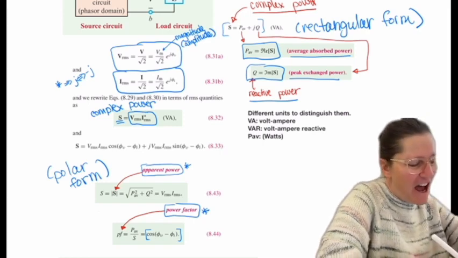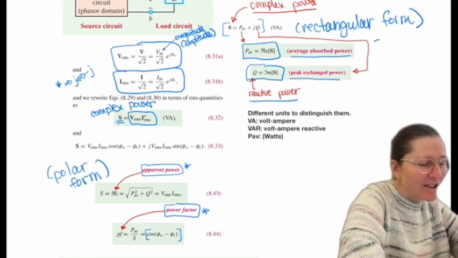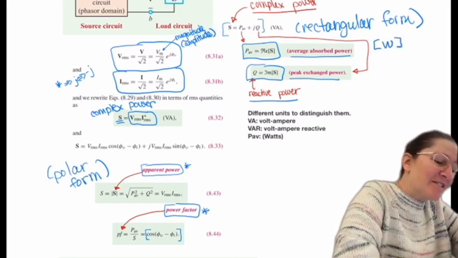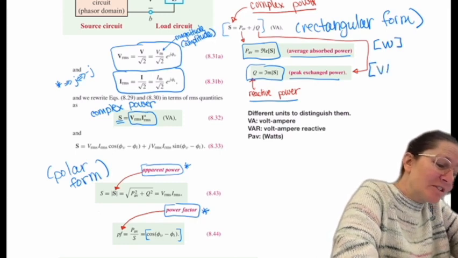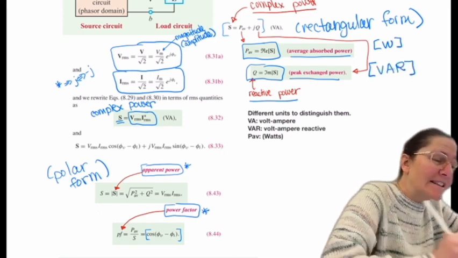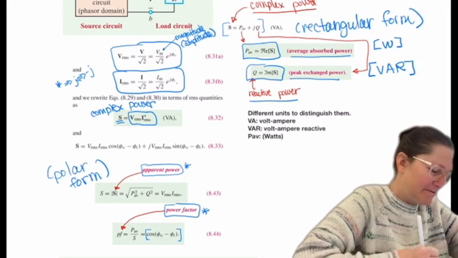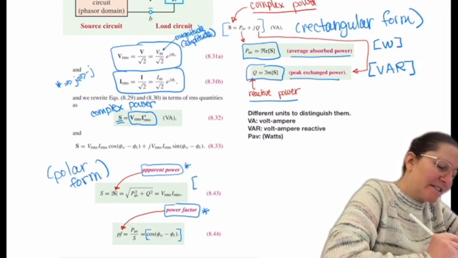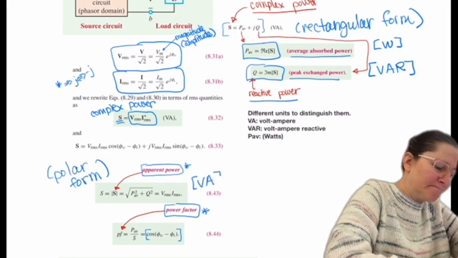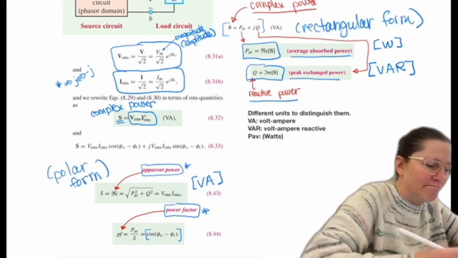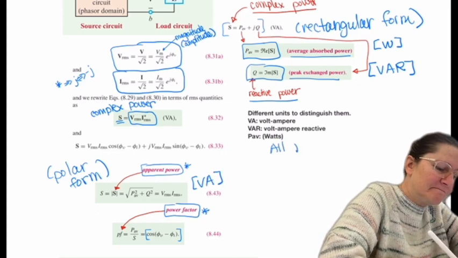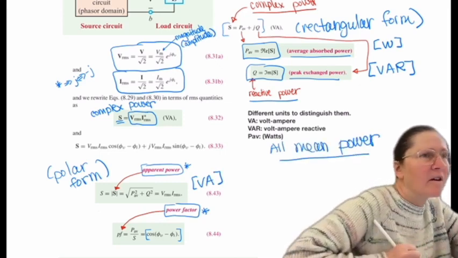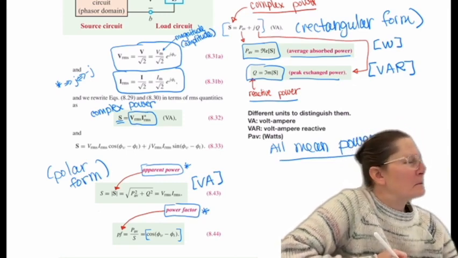Average power, because it's real, is in watts. Reactive power is volt ampere reactive, VAR. And complex power is VA, volt ampere. They all mean power, but they're different units.